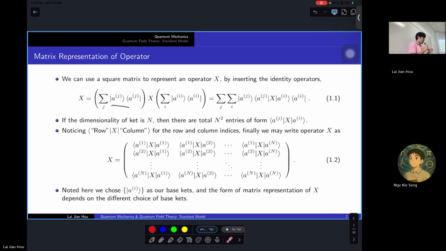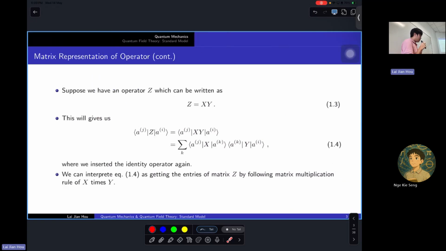So the X operator will become a square matrix. And here we choose the set of eigenkets as our basis. So the form of the matrix representation of operator X will depend on the choice that we use for the basis.